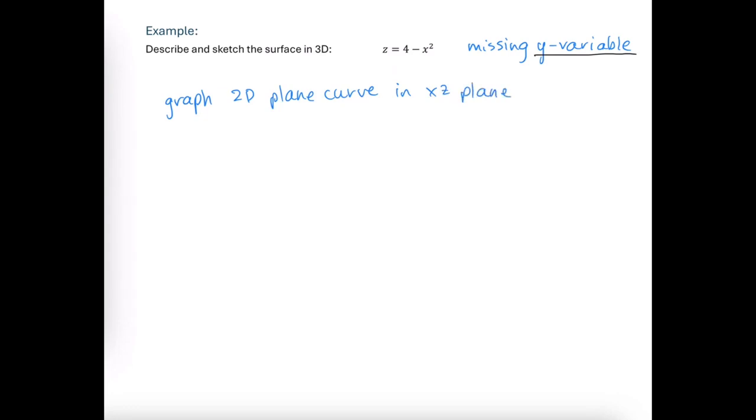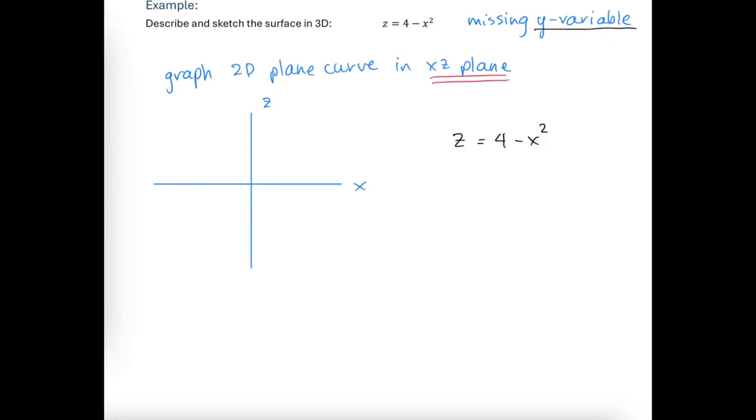And so what we can do initially is start off with a two-dimensional drawing where we look at the x as the horizontal axis and the z-axis being the vertical axis, and we'll consider this to be the xz plane. And once we get an idea for what it looks like in the xz plane, then we'll take it over to the three-dimensional coordinate system and see if we can expand on our graph.